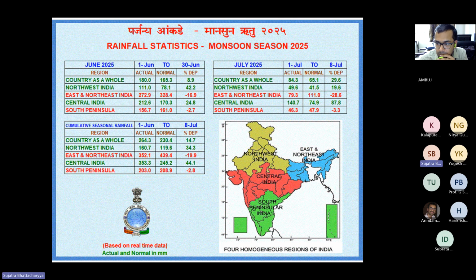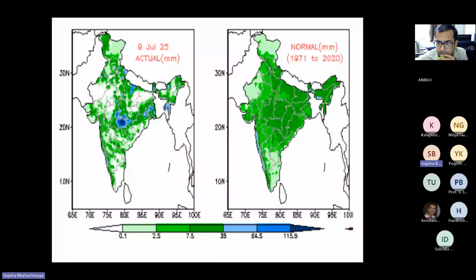These two regions are getting above normal and these two are getting below normal. And what's interesting is that in the first 9 days, even the ninth day, we are almost 30% above normal in the first week. I don't think that will continue, we'll see. It will come down, but it is quite impressive.